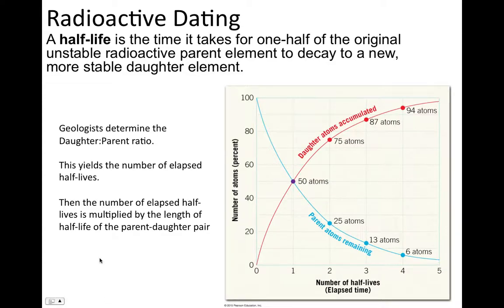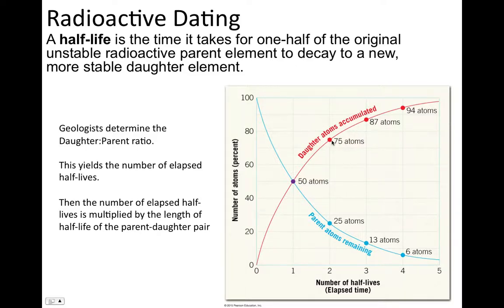So for example, a very common parent-daughter pair is uranium-235. It decays into the stable daughter lead-207. And the half-life of that parent-daughter pair is 704 million years. So let's say we had a granite and we analyzed it, and the daughter-to-parent ratio came out to be 3 to 1.